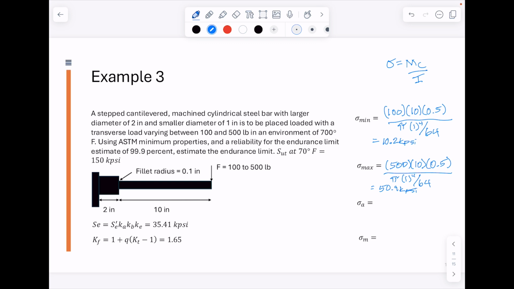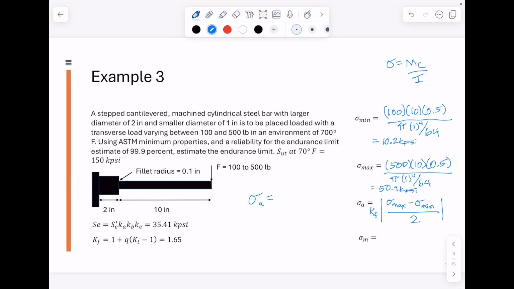Now our alternating stress, so we want to go from our sigma max minus our sigma min. So we're trying to figure out the distance between those two, and we divide it by 2 and take the absolute value of that, which gives us our sigma A. And I forgot here, we want to multiply that by Kf.